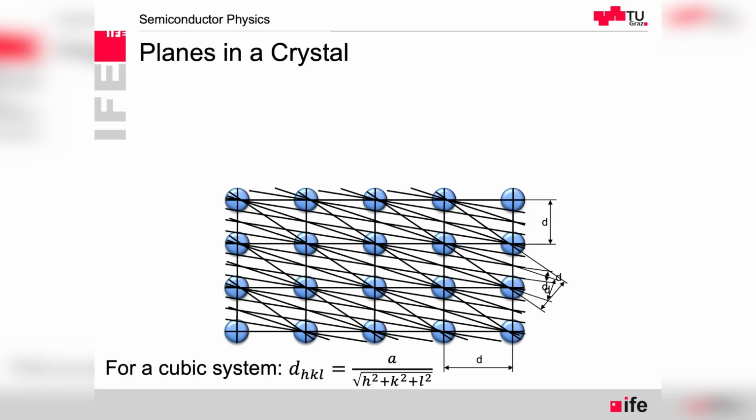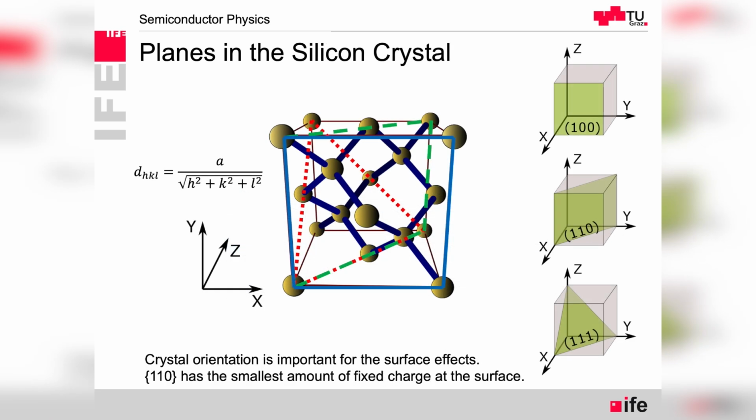For the cubic system or 3D system, we can also calculate the distances between the planes, not only in 2D, but in 3D in the volume. So when we think about the volume, and specifically about the silicon crystal, we also have a huge number of planes, but there are 3 planes that are particularly interesting. These are the so-called 100, 110, and 111.